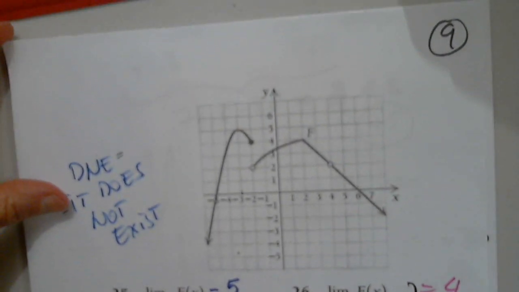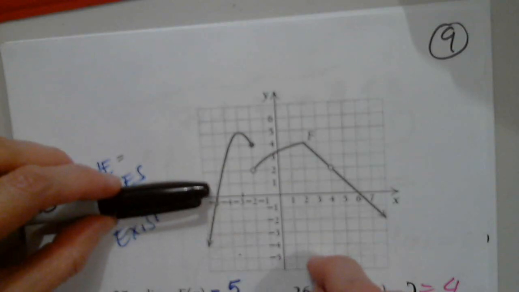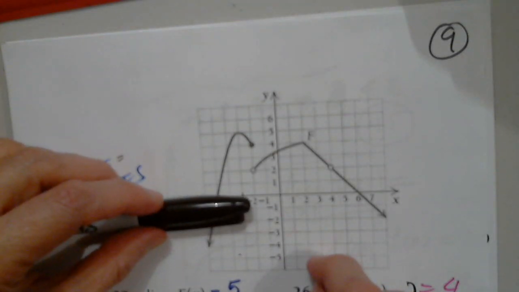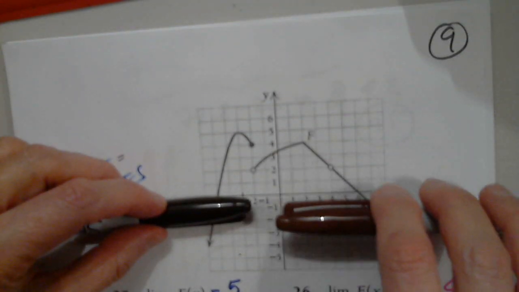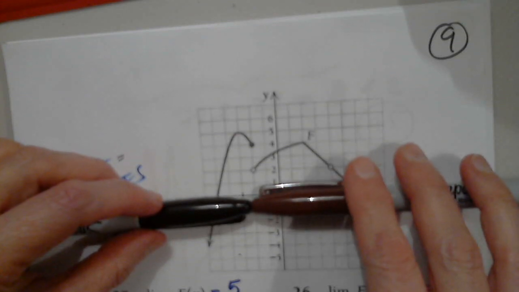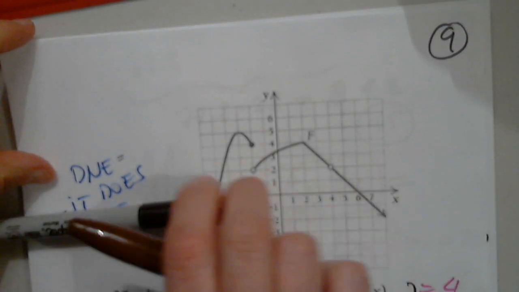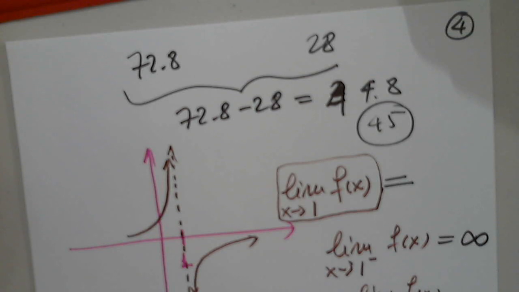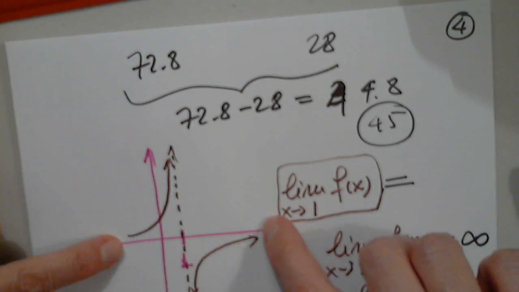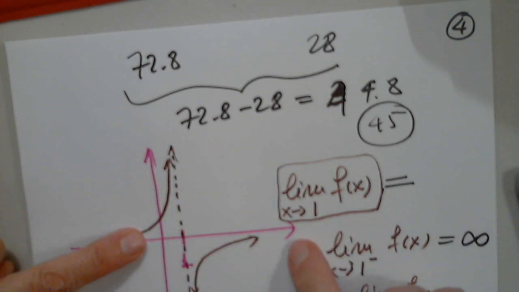Let's go back. When x approaches negative 2 from either side, what did we say? That it was B and U. Correct. So as x approaches 1 from either side, look what happens here.